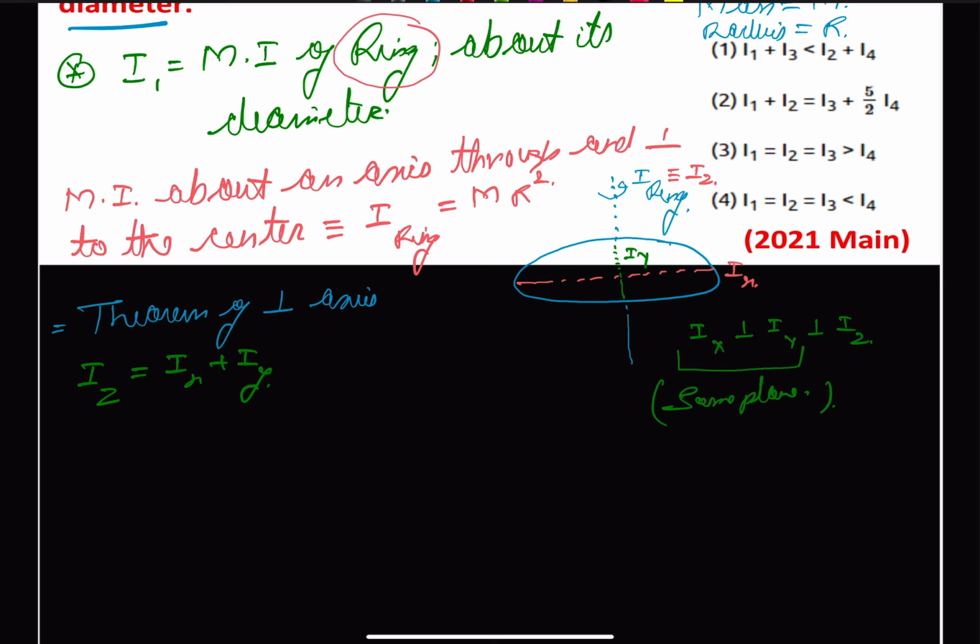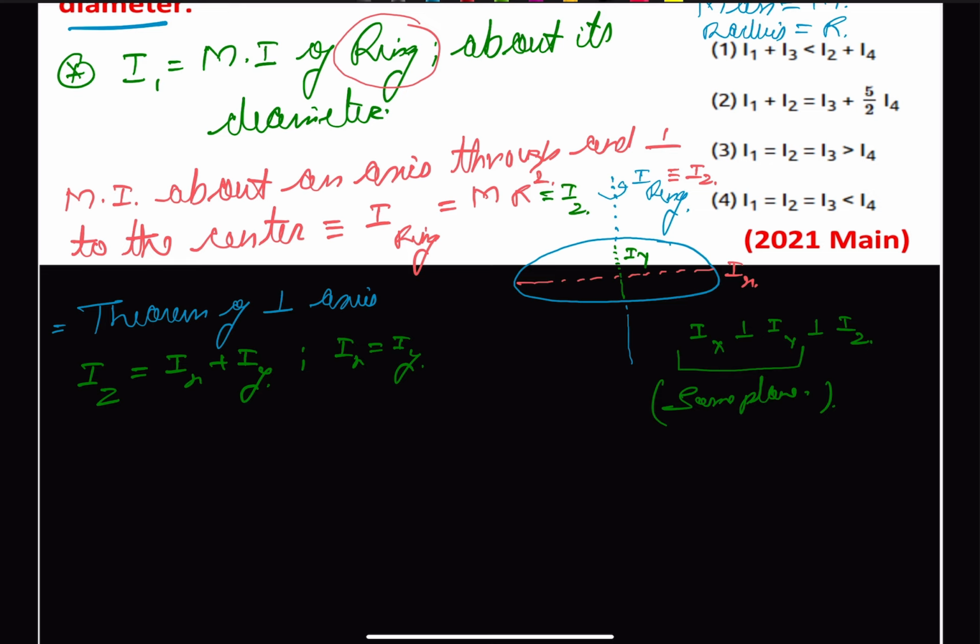Because the ring is symmetric, the moment of inertia Ix is with respect to a diameter and Iy is also with respect to a diameter, so they will be equal. So Ix is equal to Iy, and Iz is nothing but I ring.